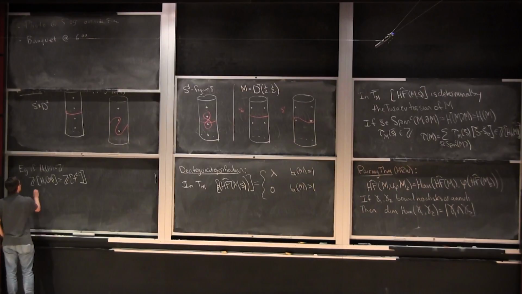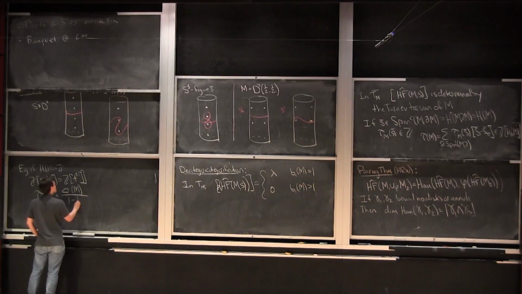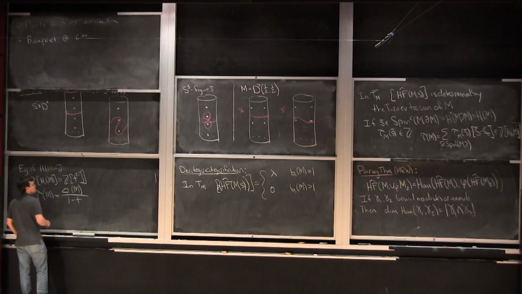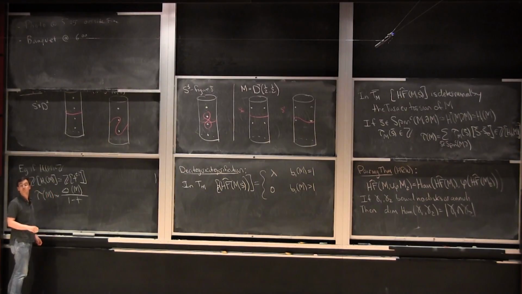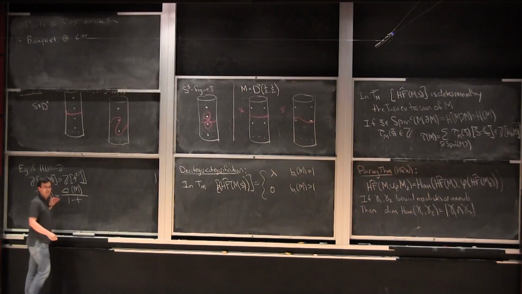Okay, so then this function that I called tau of M is none other than the Alexander polynomial of my manifold divided by 1 minus t, maybe up to global shift by powers of t. Okay, so that's something nice and familiar.